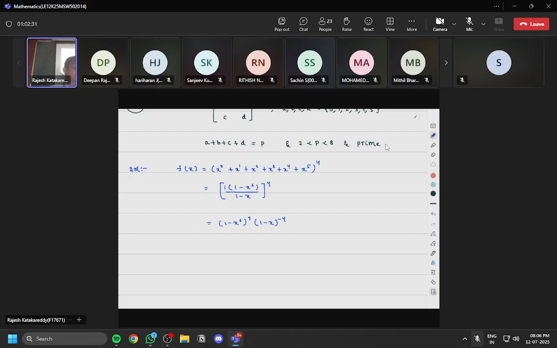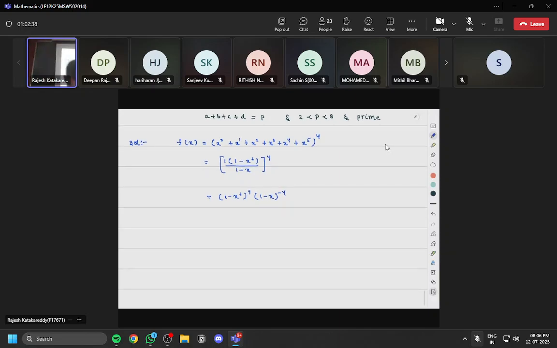How to get the coefficient? You can expand this one directly, but this is a little trickier. For that, let me recall this one. 1 minus x to the power minus n. This expansion I always write as 1 plus nC1 into x. This is the starting thing. This much I'll remember. Next I will see a pattern.